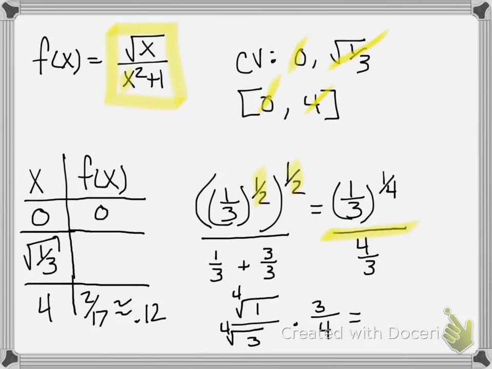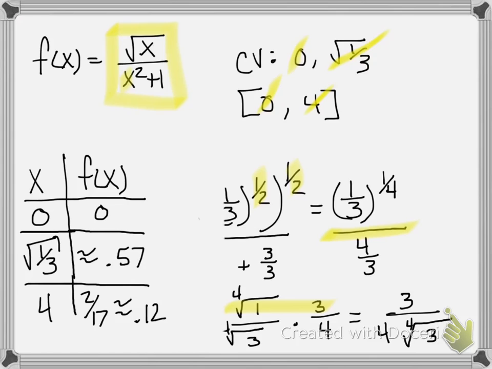If you take any root of 1, you're going to have 1. And since we're multiplying, you just go straight across the top: 1 times 3, which is 3, over 4 times the 4th root of 3. Whenever you crunch that in your calculator, that comes out to be approximately 0.57.